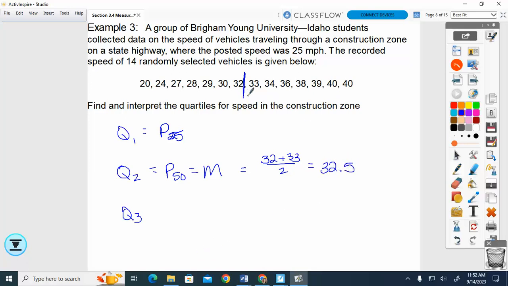All right. And then the other quartiles, it's basically finding the median again. Quartile 1 is find the median of the smaller set, of the lower set. So here's this half. If I want the middle of that, it would be 28. Quartile 3, or the 75th percentile, that's just the median of the upper half, which would be 38.